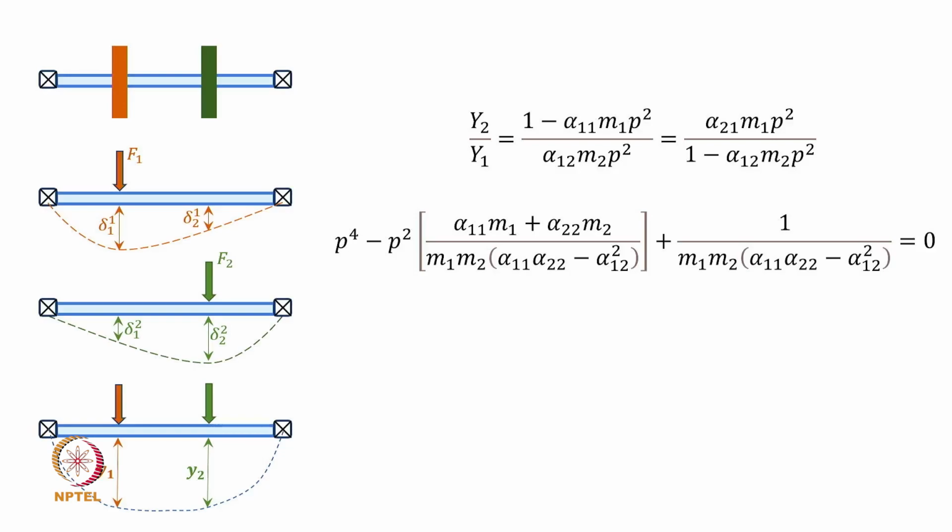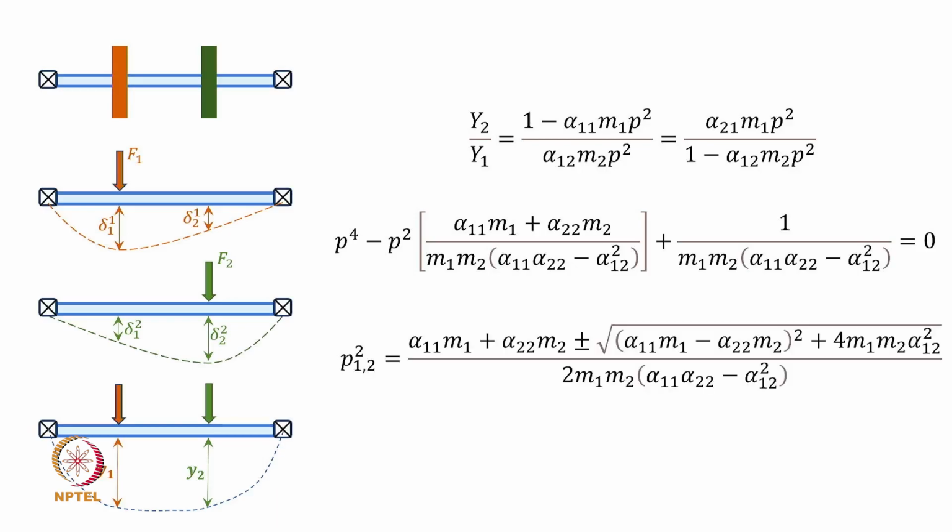If you cross multiply, you will get a quadratic in p square, that is what you see here. Simple mathematical manipulation will give you this characteristic equation. When you solve this characteristic equation, you get the natural frequencies, something similar to what we have discussed in the early part of the 2 degree of freedom system.